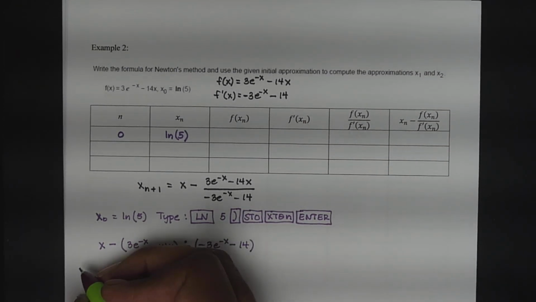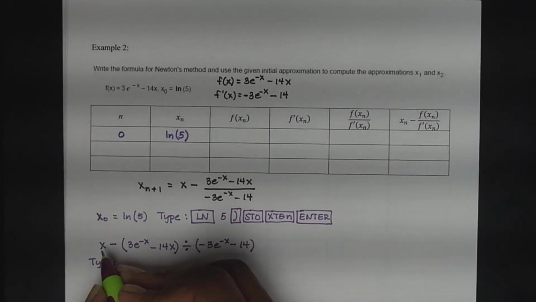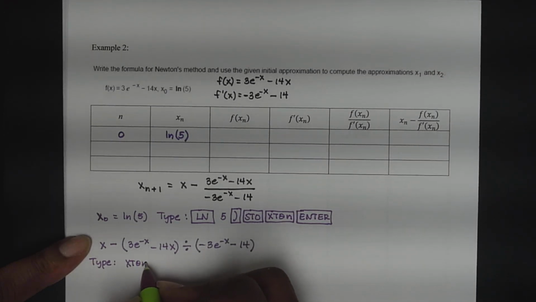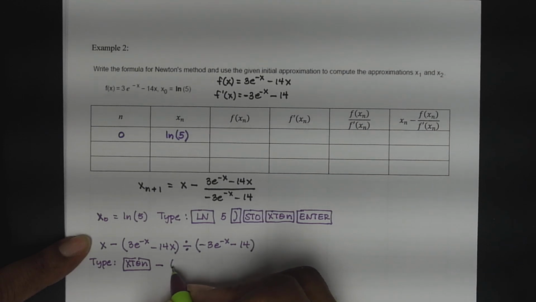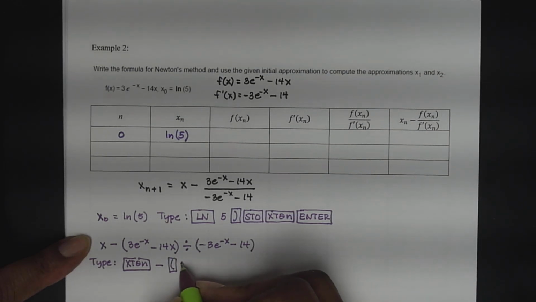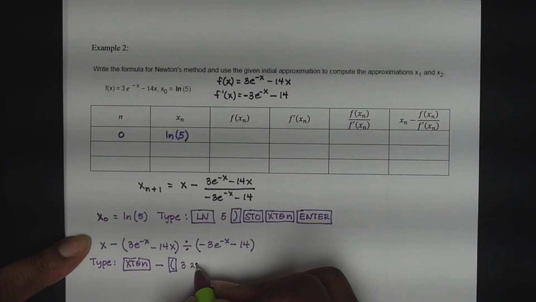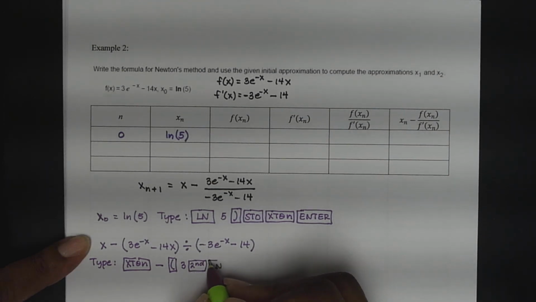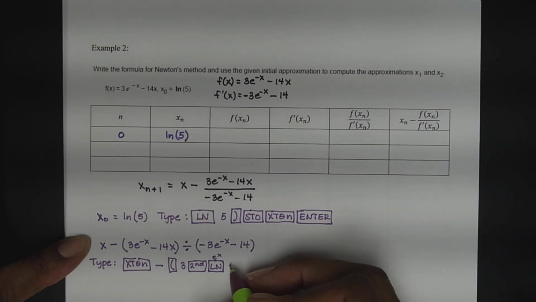Now, here are the keystrokes for that. First of all, for the x, you have to press X,T,theta,n for your x, and then minus left parentheses 3. Now for the e to the x, you'll have to do second, and then the ln key, because right above the ln key is e to the x.